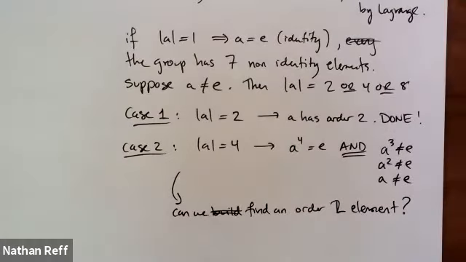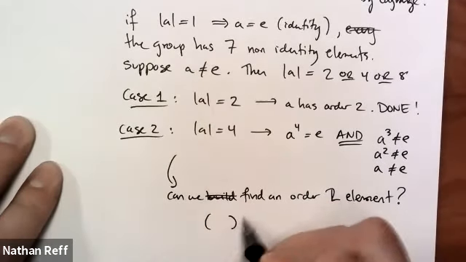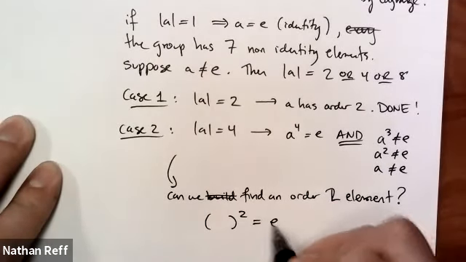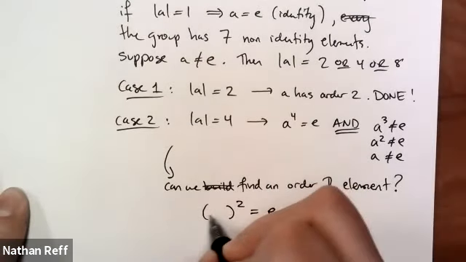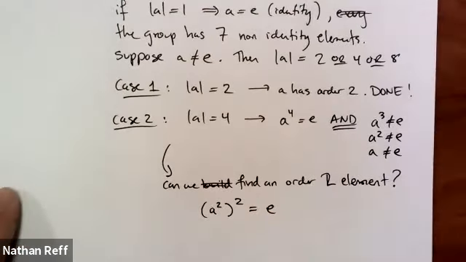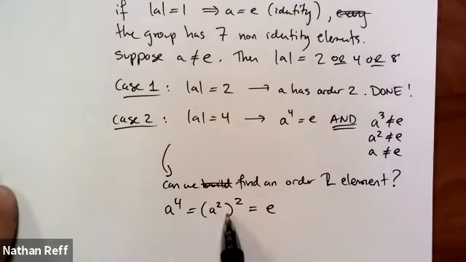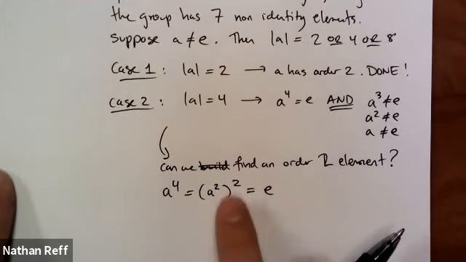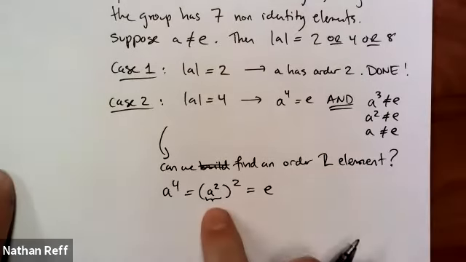And the answer is yes, because if you stare at that equation, can you fill in the blanks? Can I find something whose square is E using this equation? Yeah, that is the same thing as A squared, right? We know A to the 4th is E. Now, this would be completely useless if we did not know what about A squared?